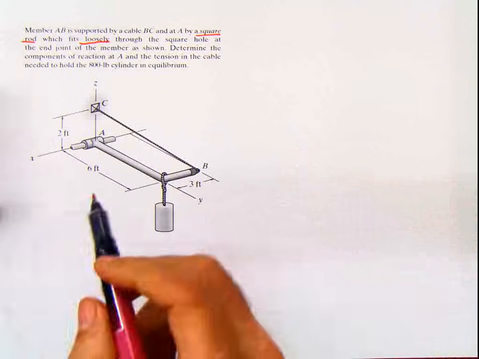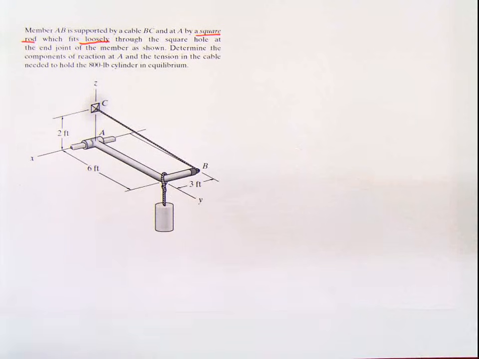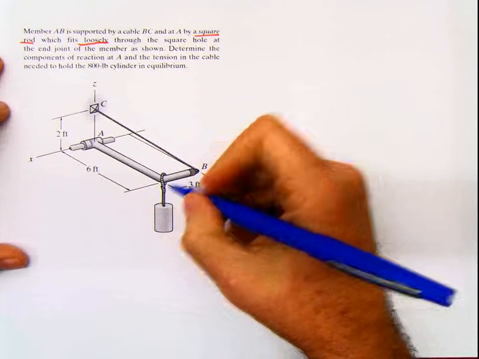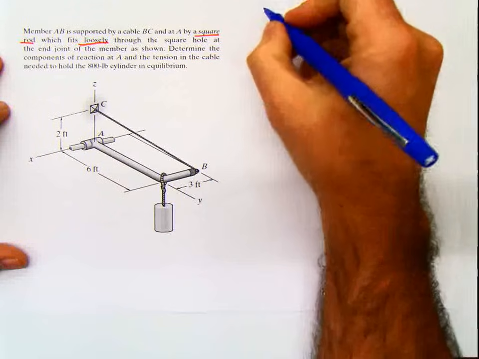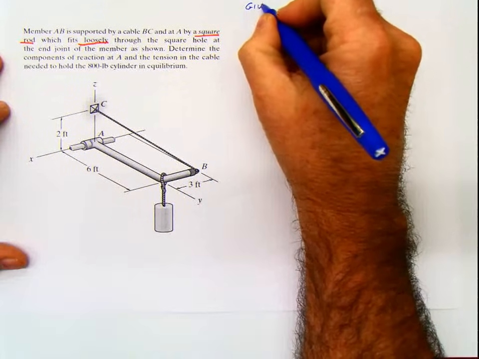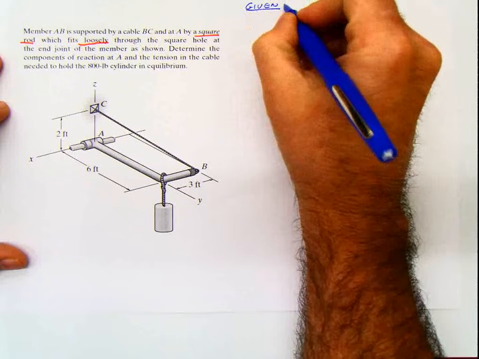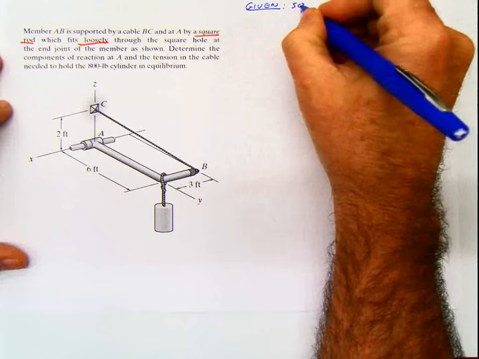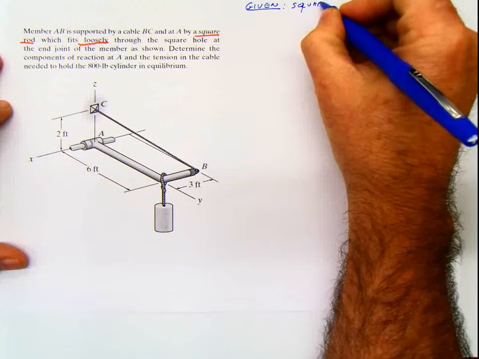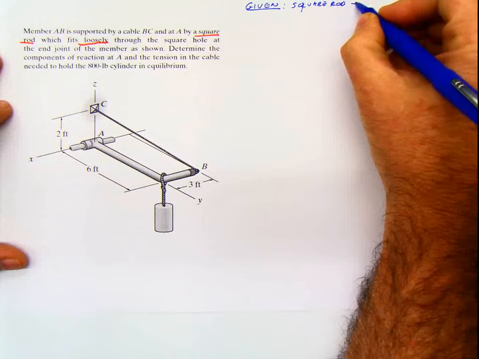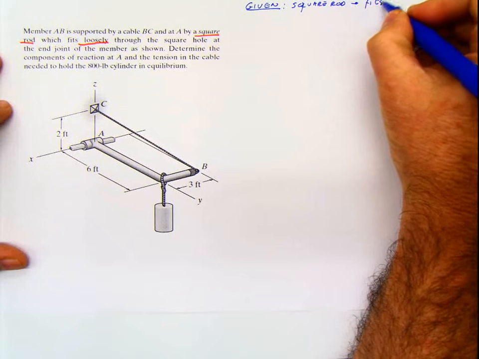So the first thing that we have to do is figure this thing out and do a free body diagram of what is happening. Let's start with whatever we have as data, whatever is given to us. We know, as it says there, that this is a square rod, and it says that it fits loosely also.